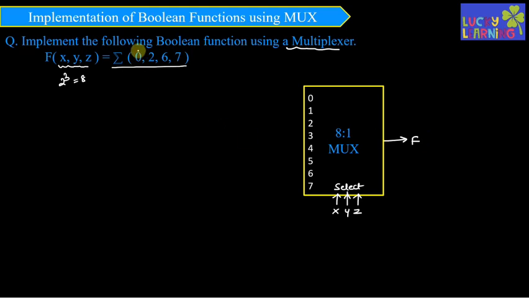Now it is a simple logic. If the select input is 0, the function output should be 1. Similarly, if the select input is 2, 6, 7, the function output should be 1. So when the multiplexer inputs are 0, 2, 6 and 7, the output of this multiplexer should be 1, so these are to be connected with logic 1.